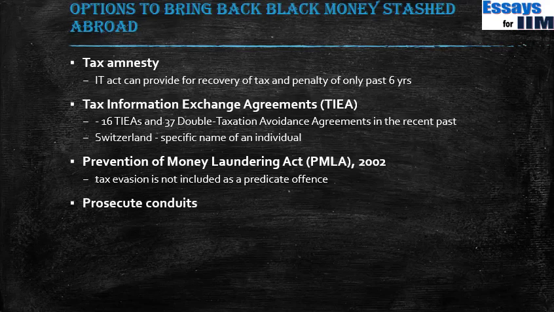Then there's another option of prosecuting conduits. What does this mean? Conduit in simple terms means a vehicle. So this means that whenever you are converting black money into legal money, obviously you will need certain channels or vehicles, like they could be banks. So various banks would have to have some complicity or at least carelessness for them to miss something like money laundering.